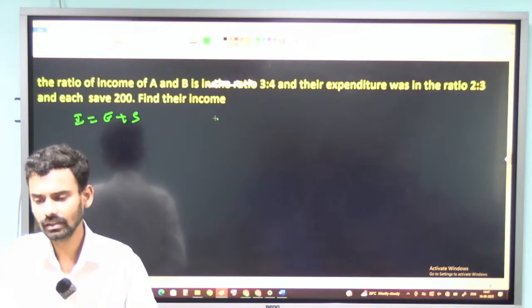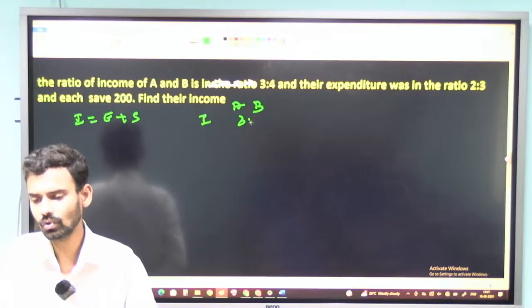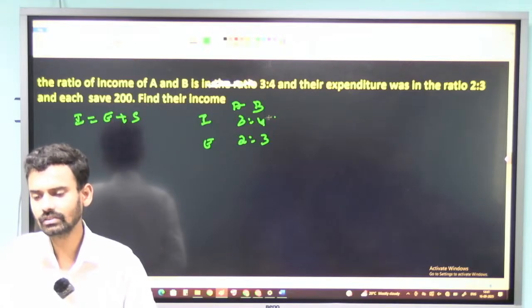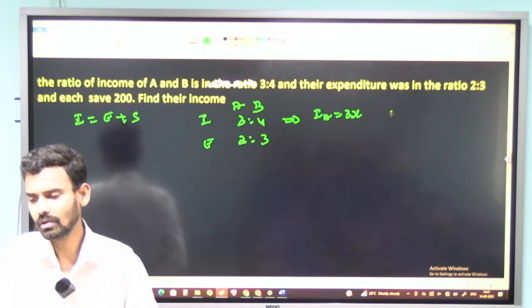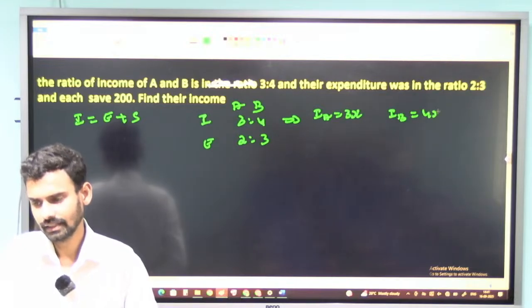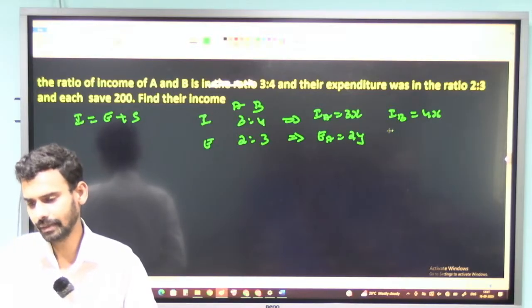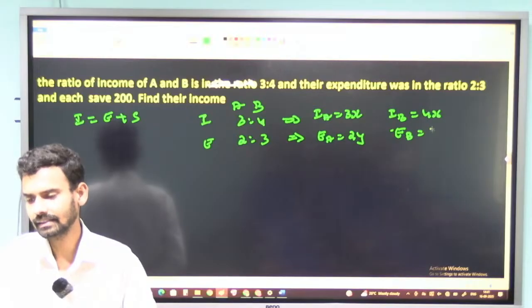So we know that here the income ratio of A and B is given to me as 3:4, and the expenditure ratio is given to me as 2:3. Now if I take this x variable here, I can take income of A as 3x, income of B as 4x. Similarly, if I take y variable here, I can take expenditure of A as 2y and expenditure of B as 3y.